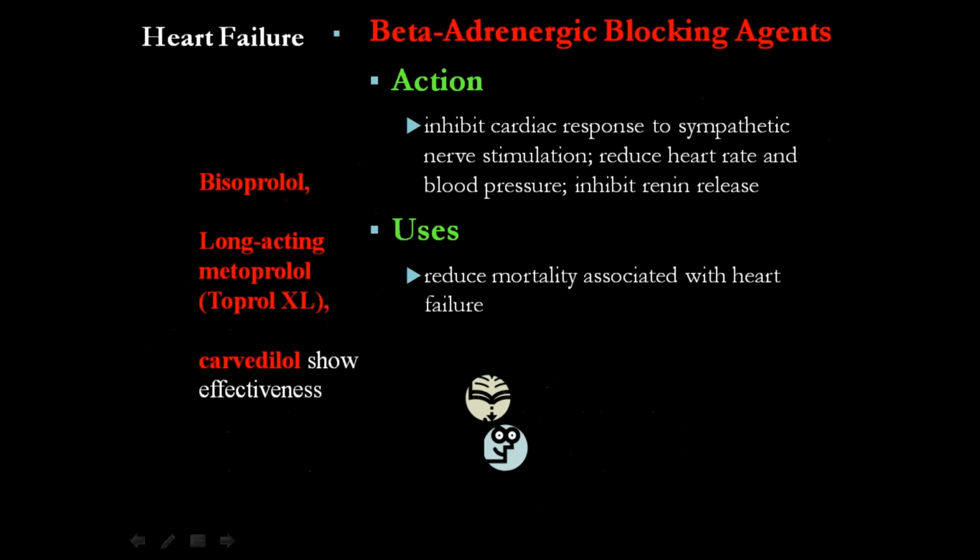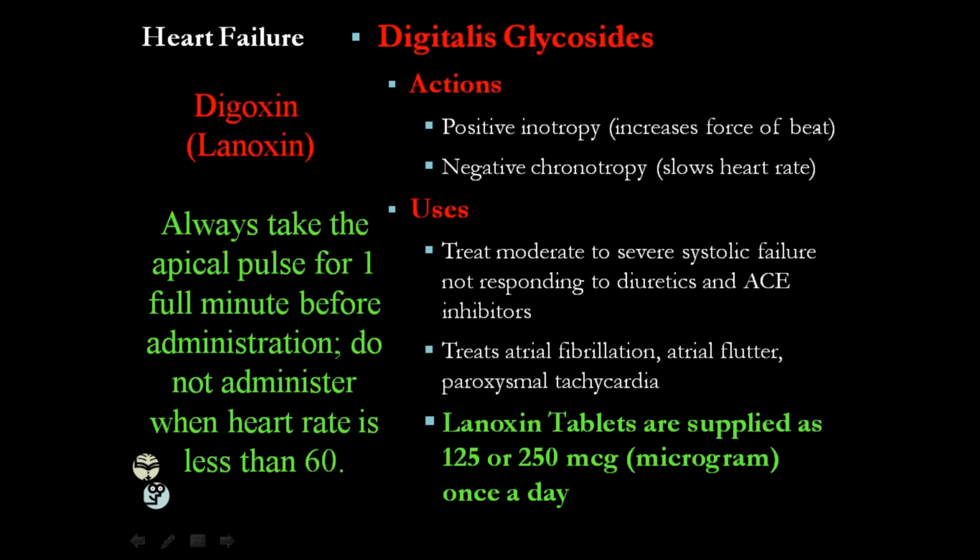Okay, the digoxin. This is a big thing. I wanted to review a lot about digoxin. Digoxin is important. Why? Because it has two effects, right? It is a digitalis glycoside. So it's going to be a negative what?